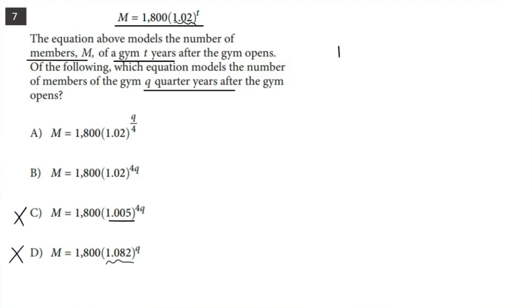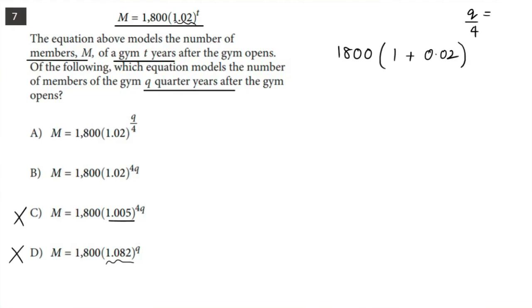If you observe this exponential function, 1800, and this is 1 plus 2%, which is 0.02, and it's a gain function, and it should give me 1.02, like 2% every quarter year, right? So there are 4 quarters in a year.